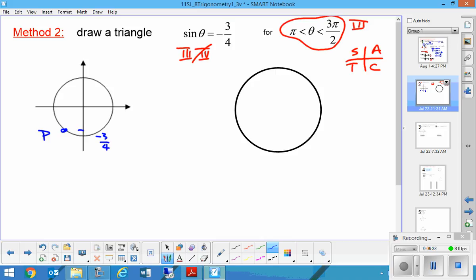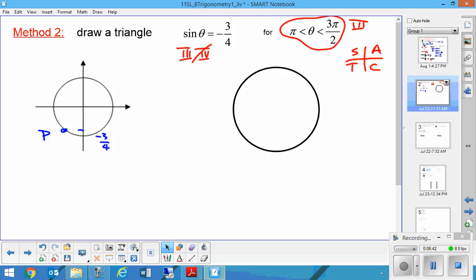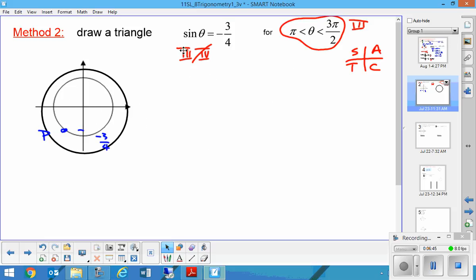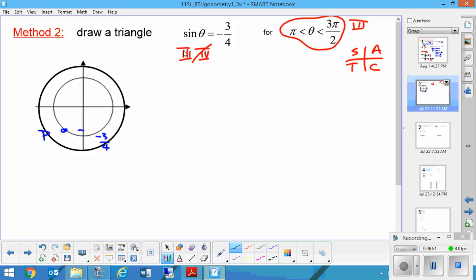Another way of doing this is to consider a triangle. Because we're going to use something that's bigger than the unit circle, we could draw a triangle into here through our point, back to our x-axis. So our theta here is representing our angle all the way around.